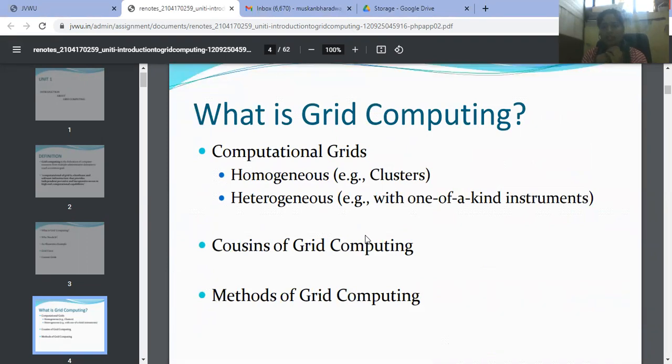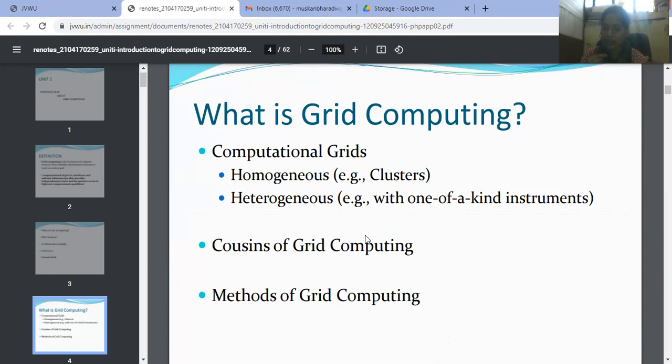The basic introduction to grid computing I have already told you about. This is the computational grid. Why do we call it computational? Because it is the combination of hardware and software, and this forms homogeneous clusters or heterogeneous clusters also.